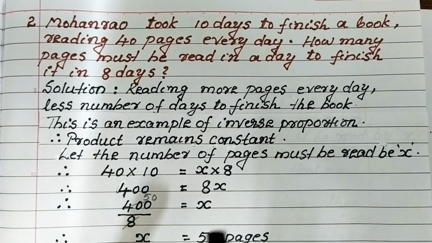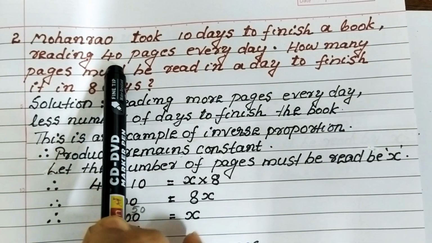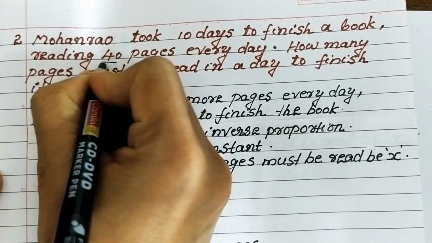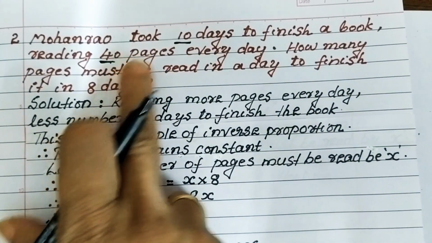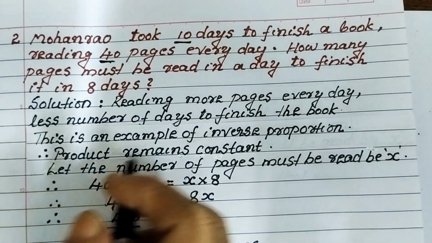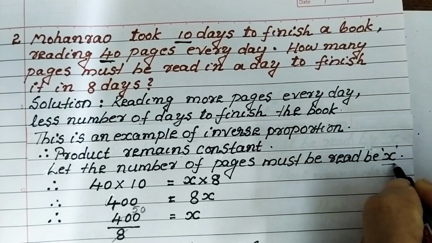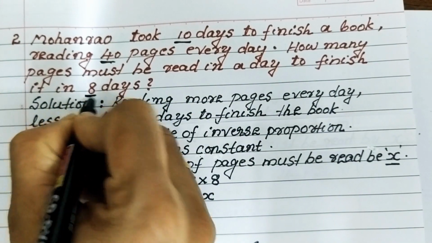Which is the product here? 40 pages, 10 days. Number of pages and days. Then x pages, 8 days.